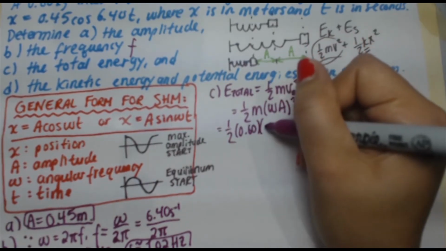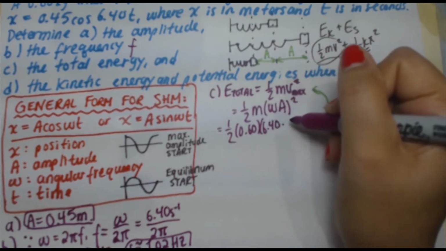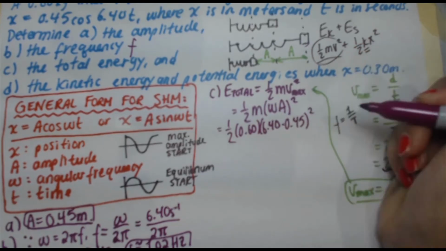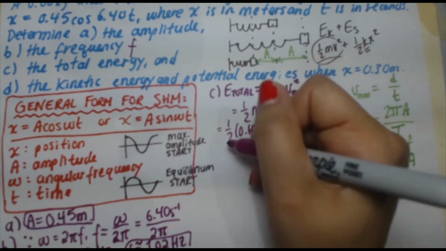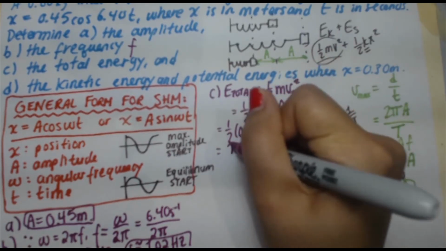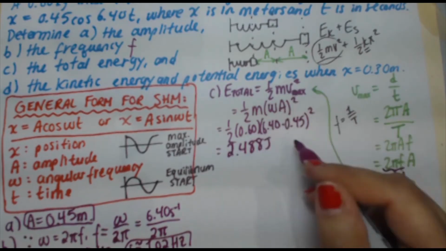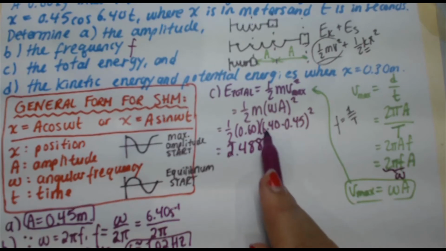Omega is based on the formula, 6.40. And we've got our amplitude, 0.45. Those two numbers multiply together, then it gets squared, multiply by 0.6, divide by 2, and you're going to get 2.488 joules.